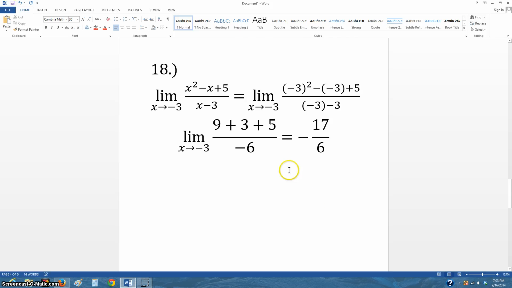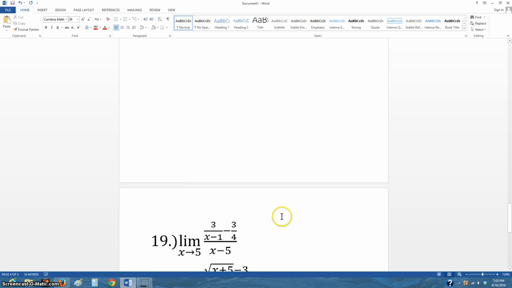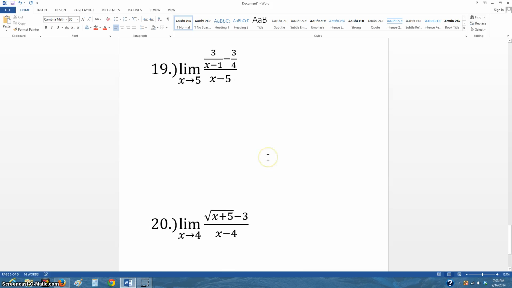Let's move on to number 19. Number 19 says limit of 3 over x minus 1 minus 3/4 over x minus 5. Okay, it looks like this one is a common denominator one. What you're going to do is take the common denominator of your two fractions in the numerator.